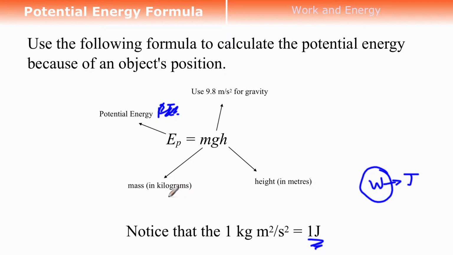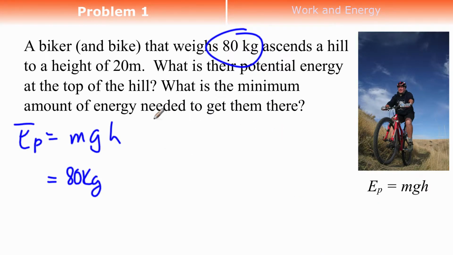Mass, right here, weight in kilograms, good. Heights in meters, and gravity, we always use the same one. Just confirming my units. So 80 kilograms times gravity, 9.8 meters per second squared, multiplied by the height, 20.0 meters. I'm going to put a decimal there just to give me two sig figs everywhere.